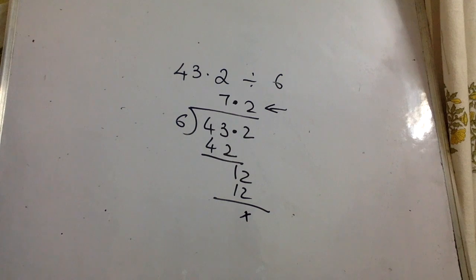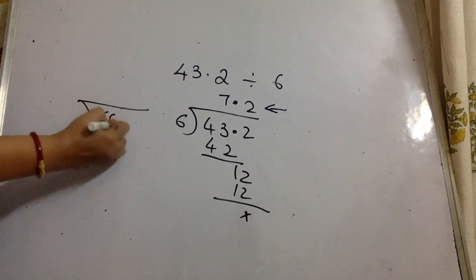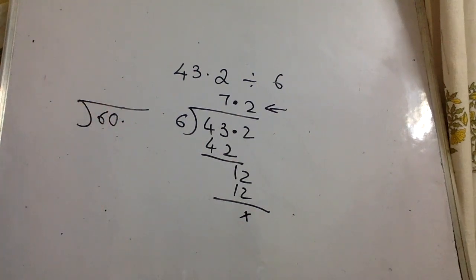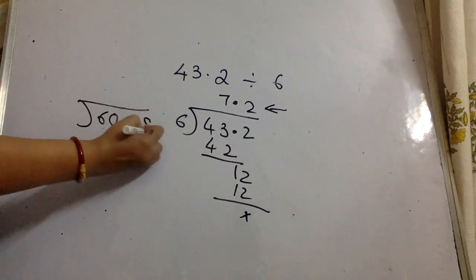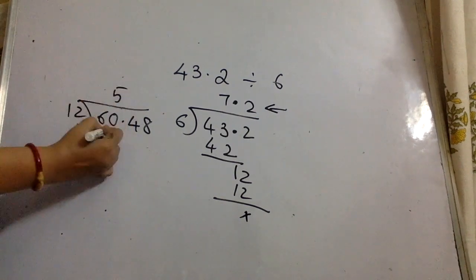Let's take up another one where again we are going to take a decimal number and divide it by a regular number, that is a non-decimal number. 60.48 divided by 12. 12 into 5 is 60.